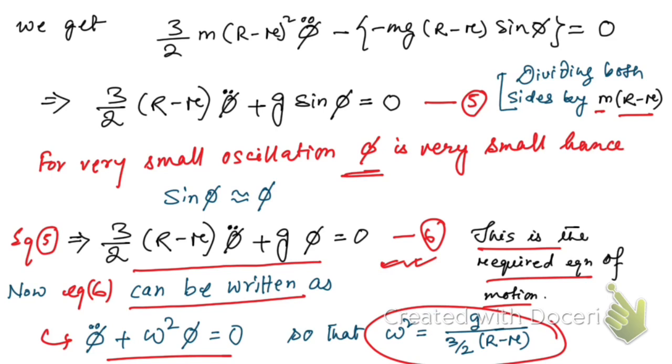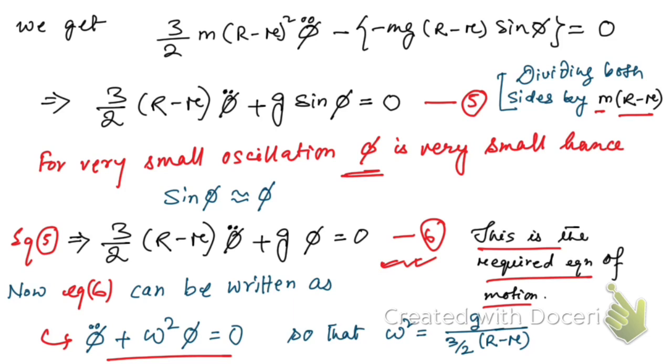I have skipped one step: if you divide this equation by this quantity, this one will be cancelled, and here we get g by this part. And 0 by anything is 0, so that part is nothing but ω². So hope you have understood this.